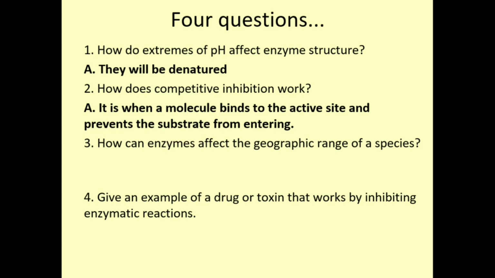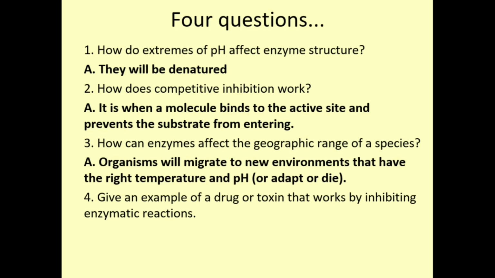There's lots of different ways that you could have written that, but the key thing I wanted you to get to was that competitive inhibition is when a similarly shaped molecule gets into the active site and prevents the proper substrate from getting in there. So number 3, how can enzymes affect the geographical range of species?